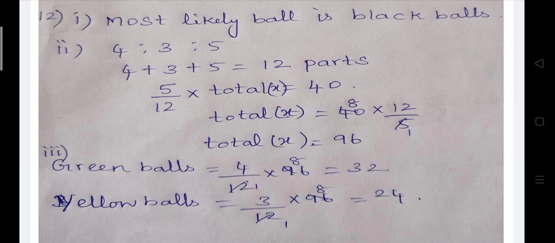Keep the total number of balls as x. 5 by 12 into x is equal to 40. So x is equal to 40 into, bring it as reciprocal, 12 by 5. You will get the total as 96 balls.